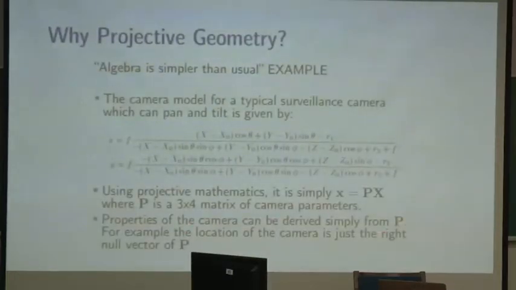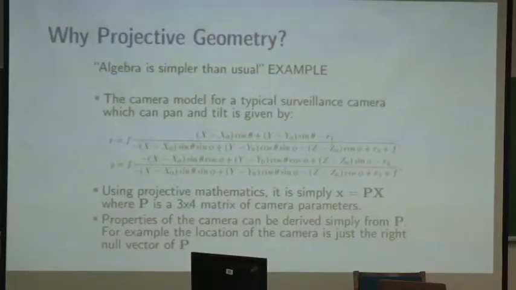Alright, so properties of the camera can be derived simply from this camera matrix P in projective mathematics. For example, the location of the camera is just the right null vector of P. Recall what a null vector is?